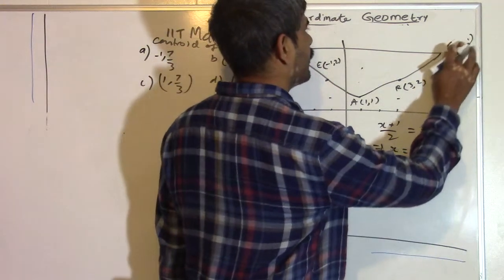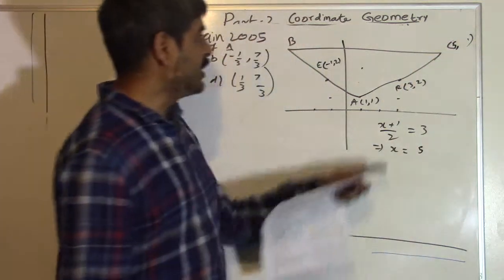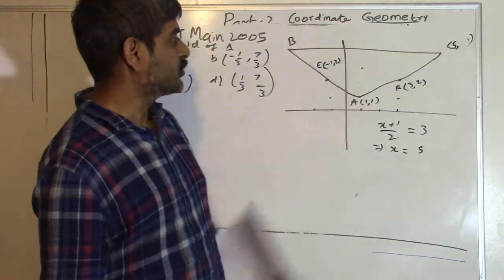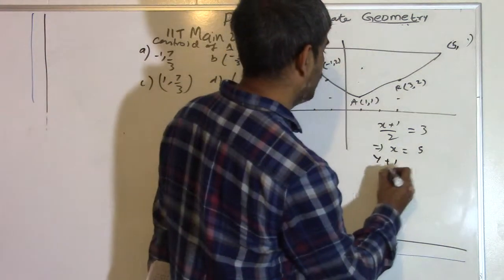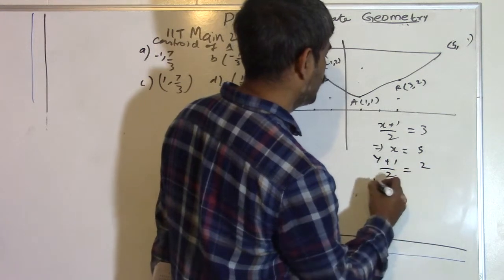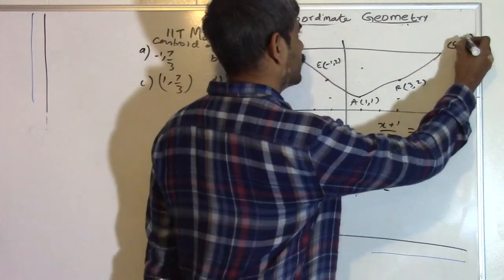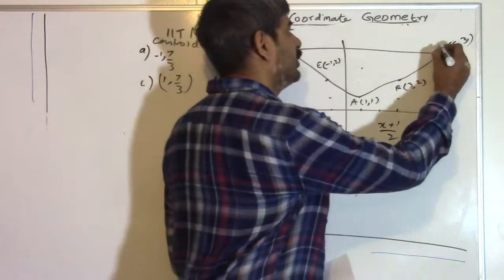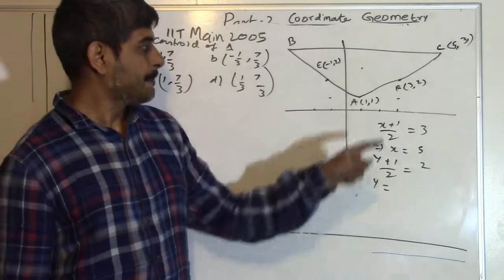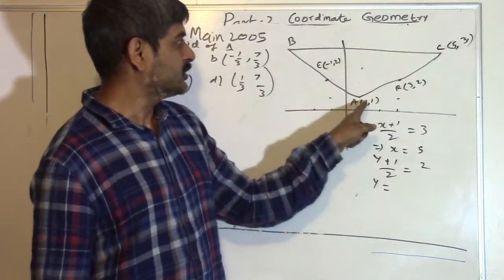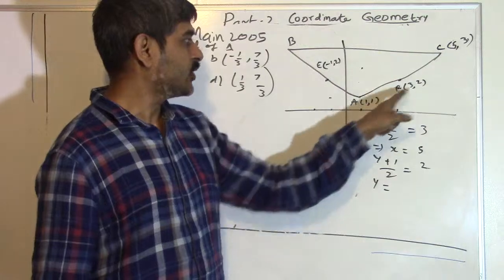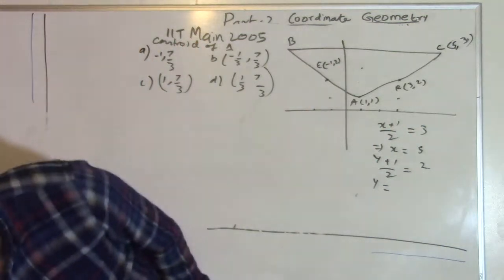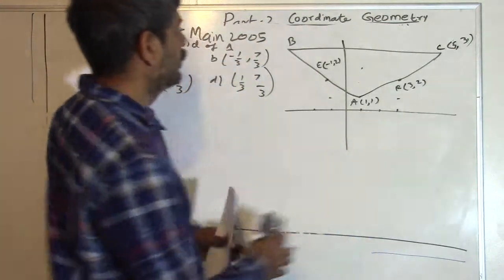And for the y, y plus 1 by 2 is equal to 2, so y will be equal to 4 minus 1, 3. So the coordinate of this point C will be 5, 3. We can also cross check it: 5 plus 1 is 6 by 2 is 3, and 3 plus 1, 4 by 2 is 2.